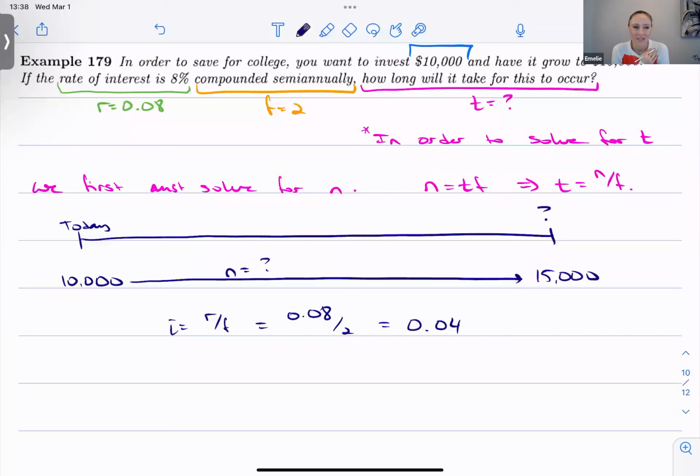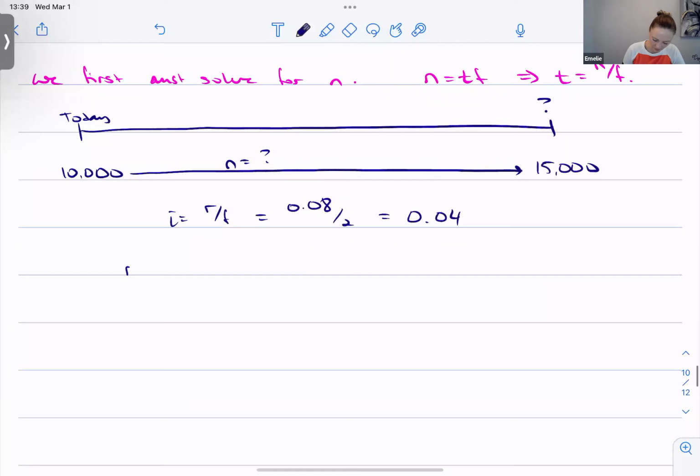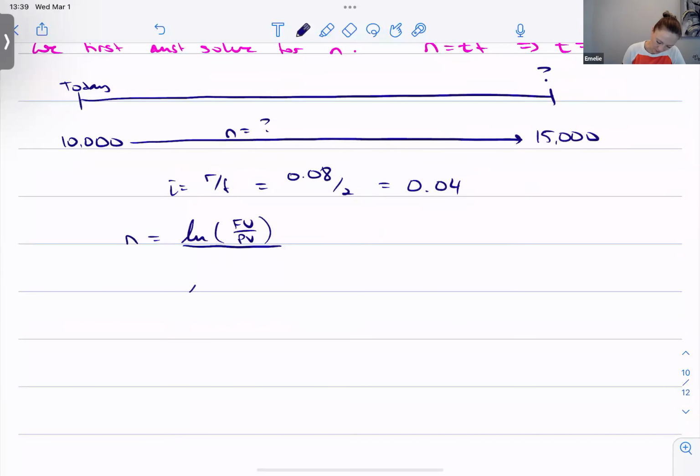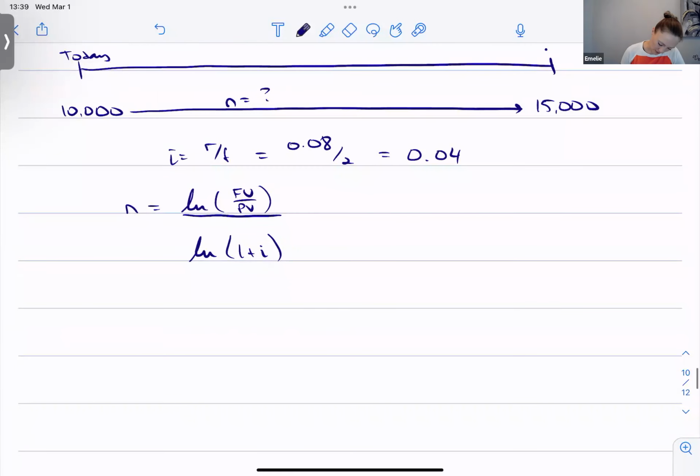Let's just use the formula that we have. I'm not going to derive it again. You can if you want to. n is the natural log of the future value over the present value, divided by the natural log of 1 plus i. Now it's just a matter of plugging in the right values.